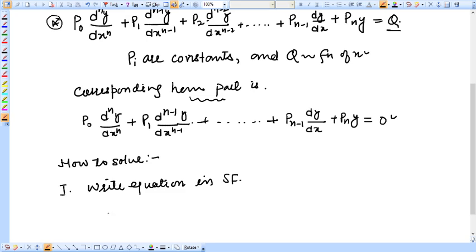Symbolic form means we replace d/dx by capital D. This is known as symbolic form. Clear?